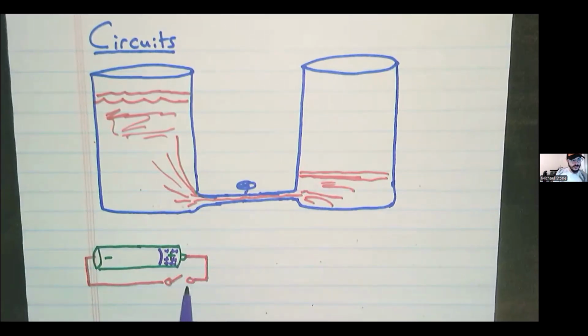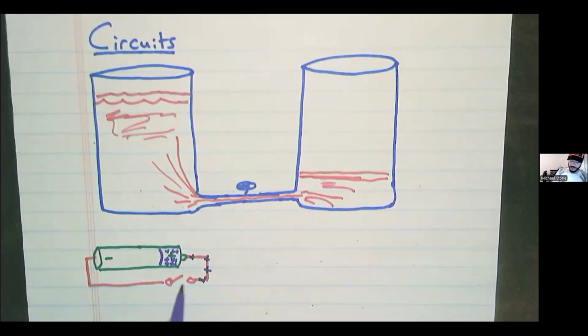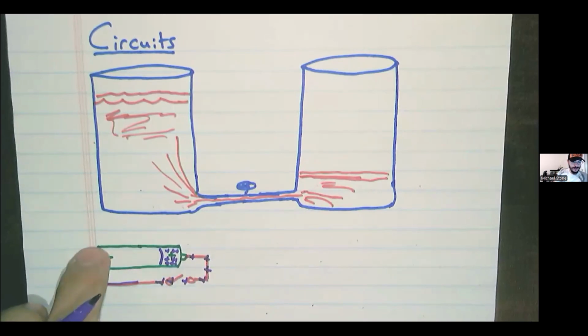As soon as the switch is thrown and connected, what we call closed, all of those positives will flow through and they will go to where there is a lack of positivity. And this negative terminal, in addition to there being a high pressure here and a low pressure here, it's also attracting them along.